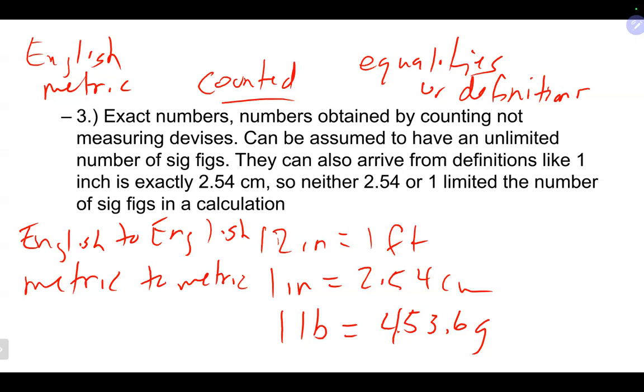Really, the one place where you should look at a definition if you're using it as a conversion factor in a problem is if you cross over. If you do an English to metric or metric to English conversion factor, you should look at significant figures in that conversion factor.